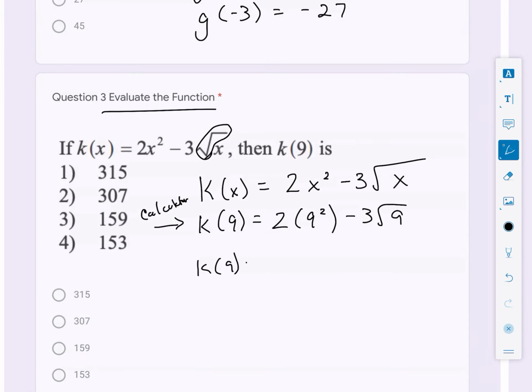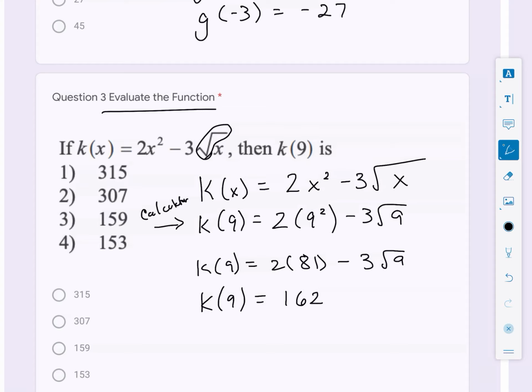I'll do it by hand, of course, where I have 2 times 9 squared. Well, 9 squared is 81. And I'm just going to rewrite the second portion of this function, minus 3 times the square root of 9, for now. After that, I know that 81 times 2 is 162.